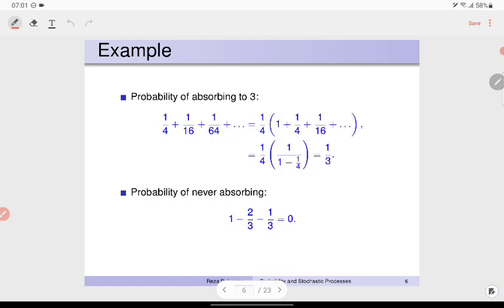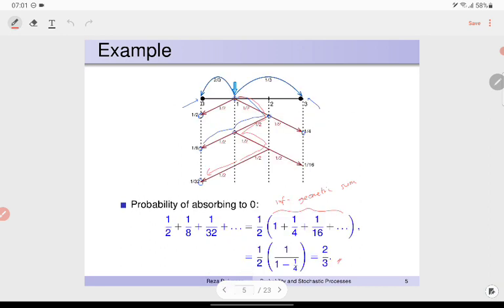What about the probability of absorbing to 3? Similar reasoning can be taken. So right now we are observing the absorption to the right absorbing barrier, namely at position 3.